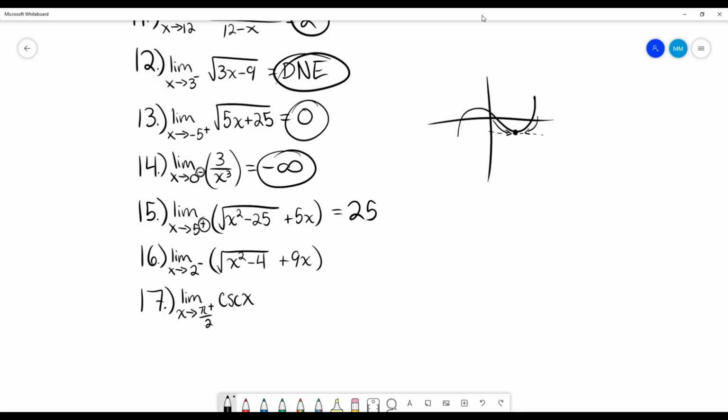So this limit exists. But say I have this function right here. From the left, it's approaching this y value, and from the right, it's approaching this y value. So the limit from the right and the limit from the left aren't equal, so this limit altogether does not exist.